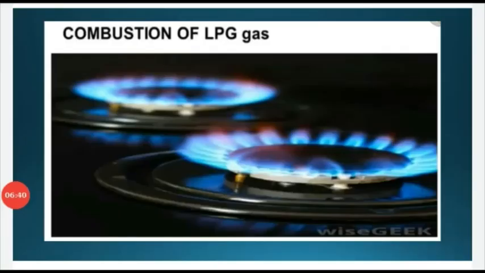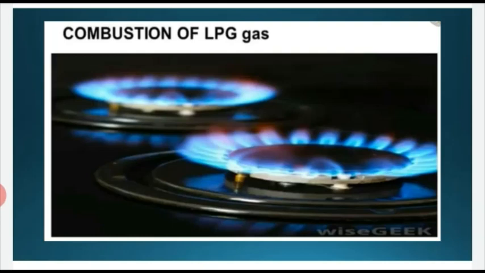Next we'll see combustion of LPG gas. We use LPG gas for domestic cooking purposes. We get heat and flame from LPG gas by the combustion reaction of its constituent gases.